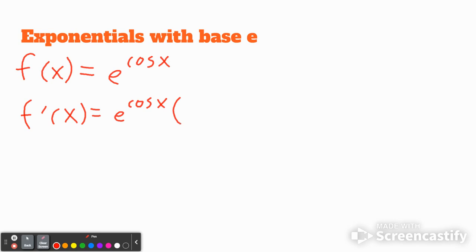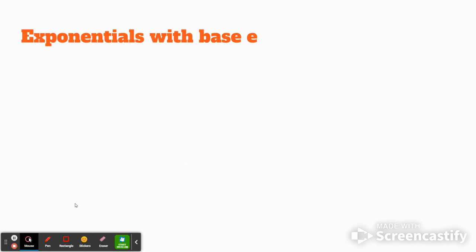The derivative of cosine of x is negative sine of x. So we get that f prime of x is equal to negative sine of x times e to the cosine x. So that's a little example of these kinds of exponential functions. Okay.